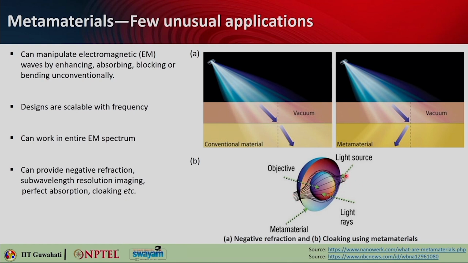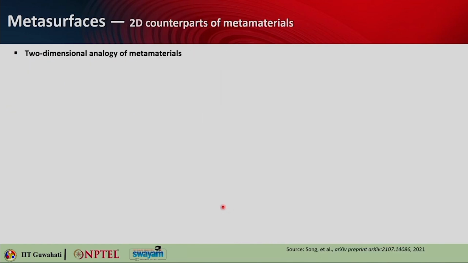Oh, sorry, this is the light source, so you can assume that the detector over here is able to see the source undisturbed, but light rays are actually getting bent around the object. So this is the fundamental of cloaking. In this case, you are able to hide this particular object from getting detected.